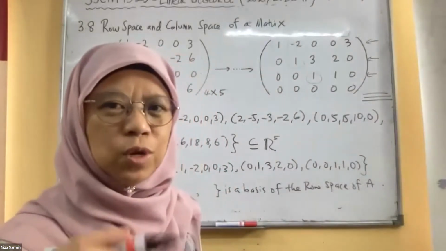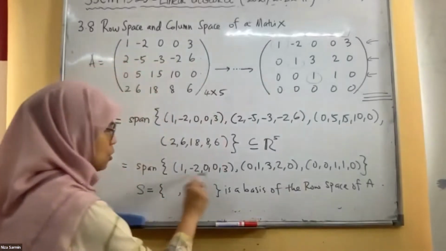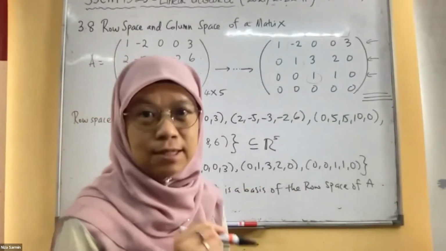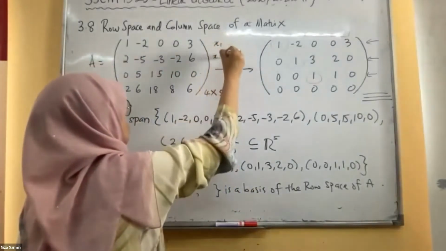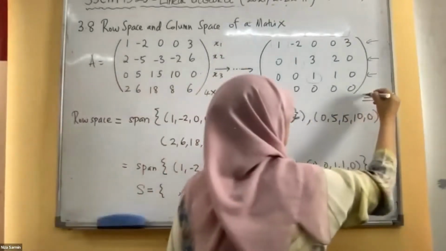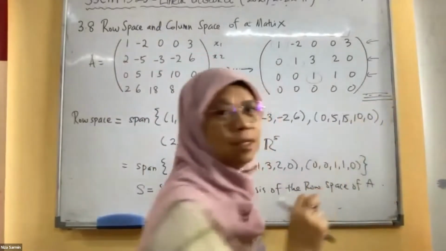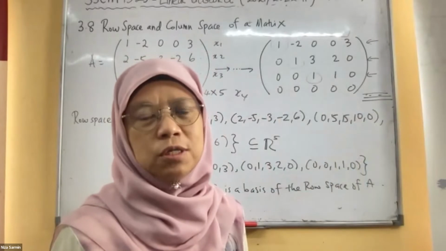Then you will know exactly what the spanning set is. My question just now is to find a basis, so I did not do x1, x2, x3, x4. If you do this, you will get an equation with all the x's, and that is actually the span, in terms of x1, x2, x3, x4.